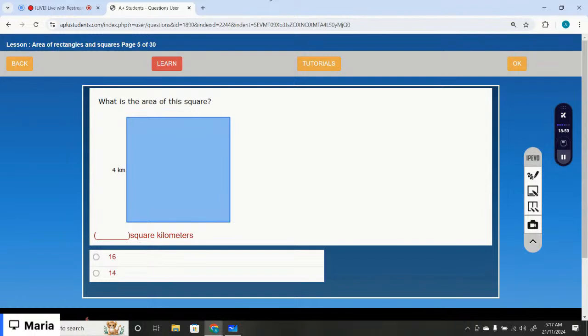What is the area of the square? The correct option is 4 times 4 is 16. Option number 1 is the correct option.